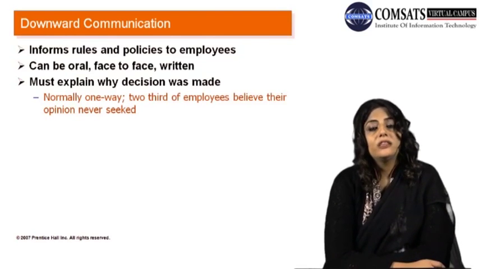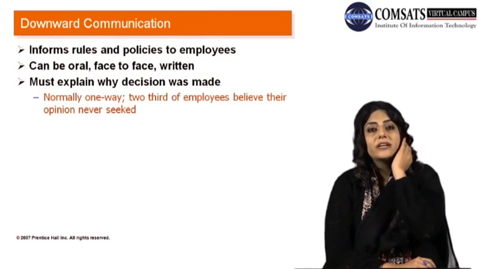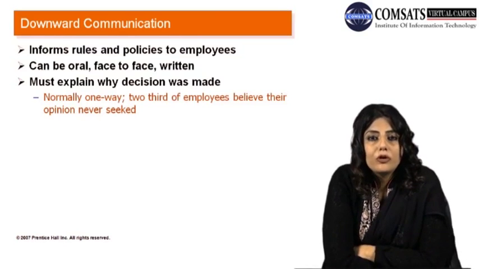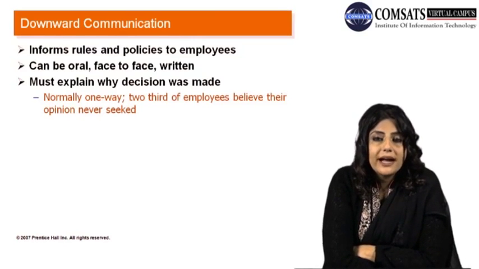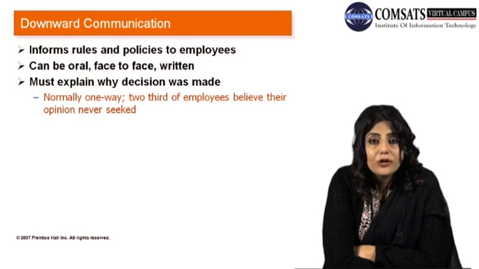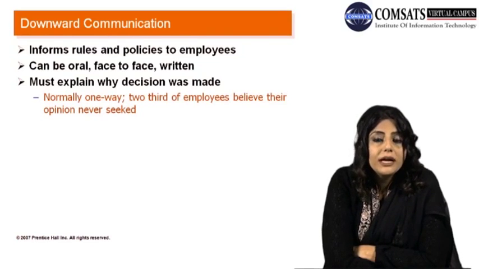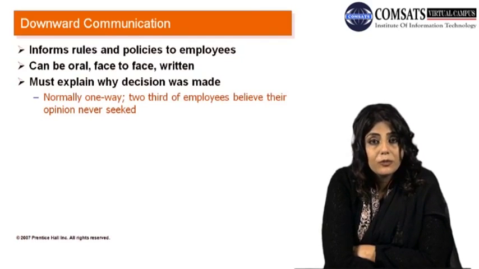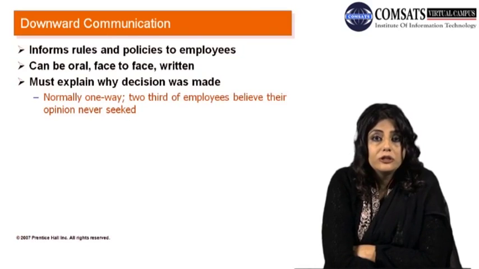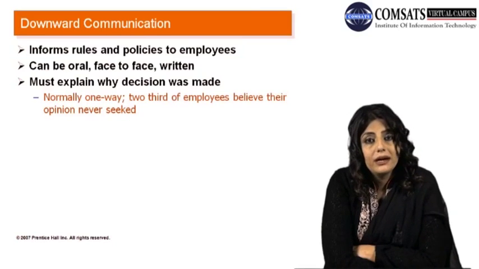Then for effective downward communication, what is important for the managers is that they should realize the importance of sharing with the employees appropriate information, taking their appropriate feedback on certain problems before making a decision.